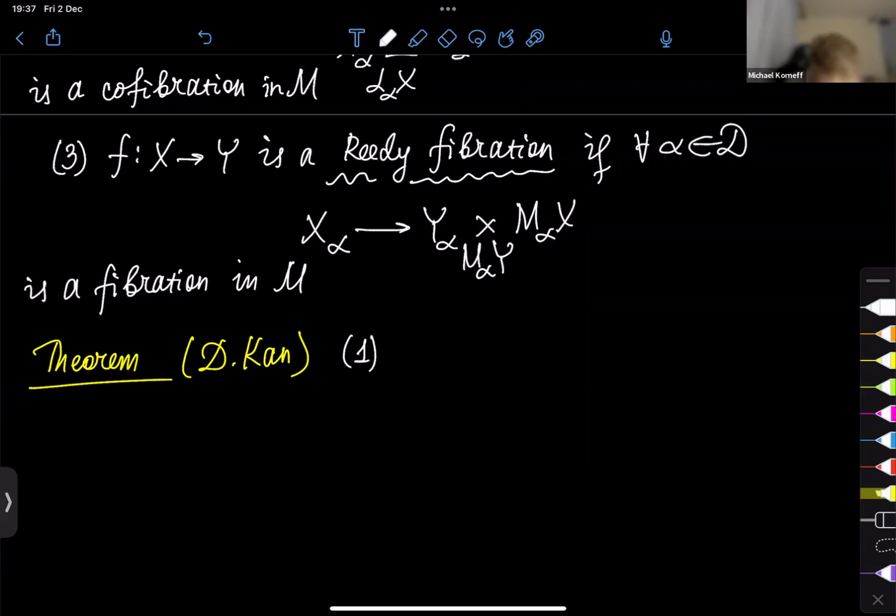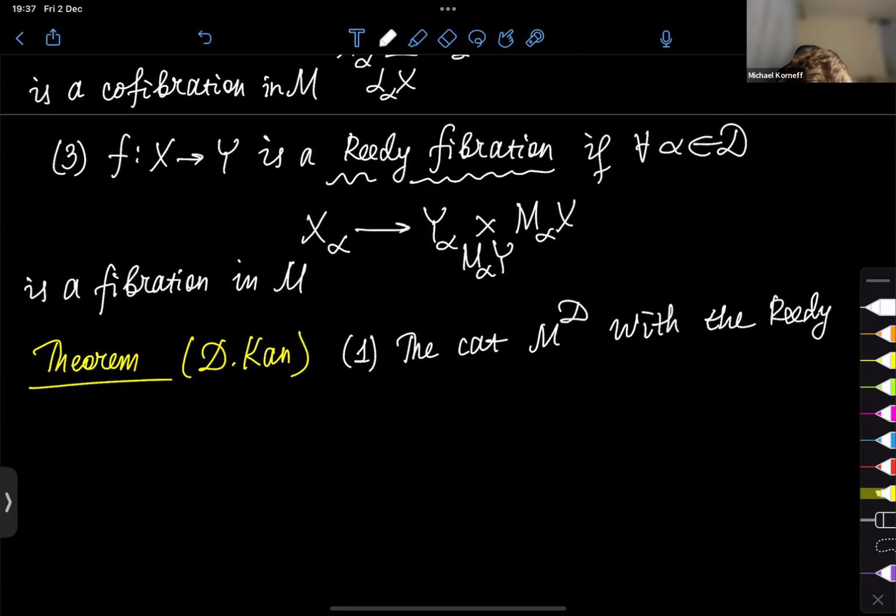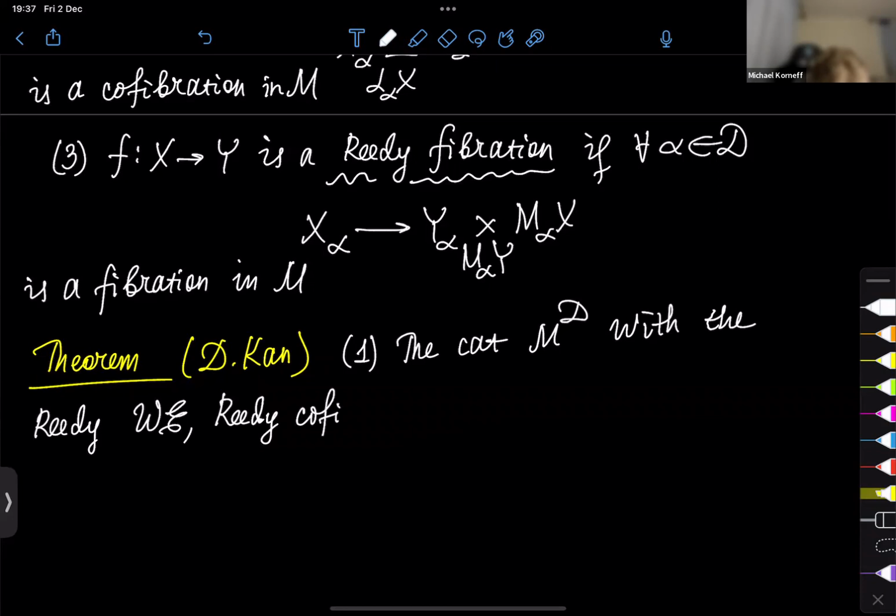Then the category of the diagrams in M with the Reedy weak equivalences, Reedy cofibrations, Reedy fibrations is really a model category.